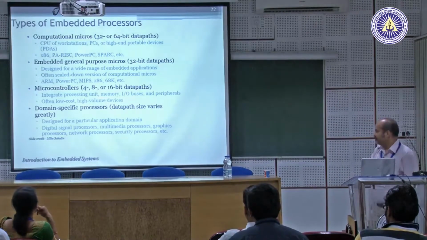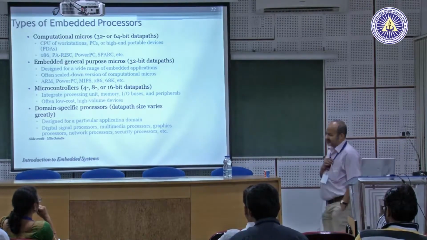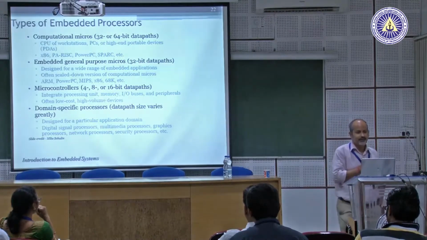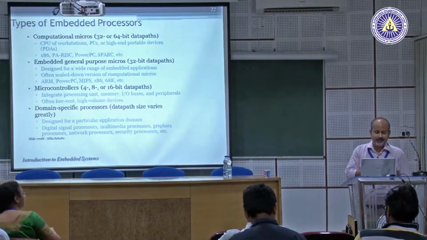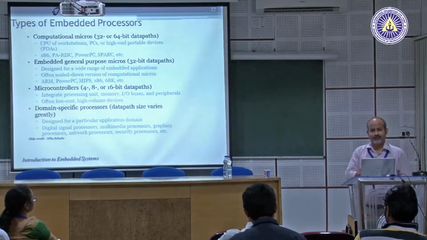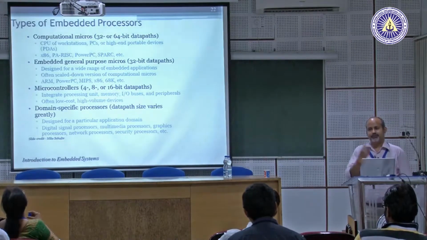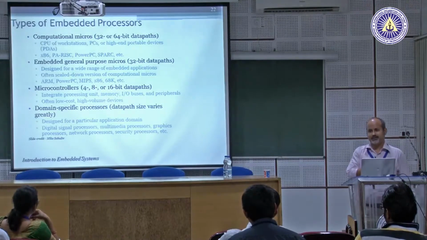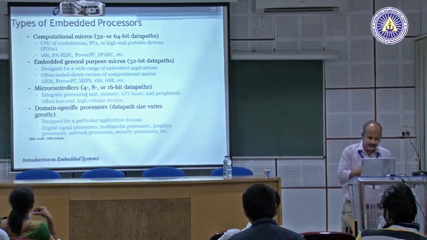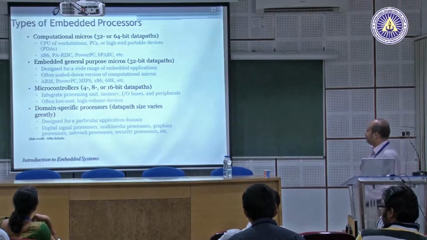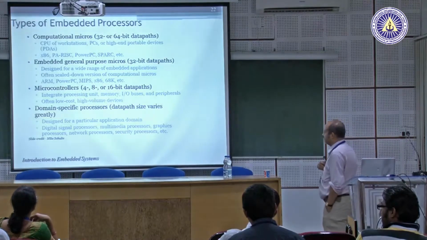For example, if you use the most recent ARM processor in your system on chip, you are going to pay quite a bit, probably $15-20 per piece you sell, to ARM for that design. Then you can also have domain specific processors.